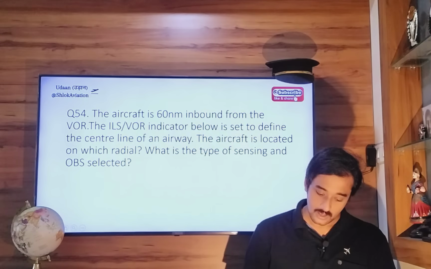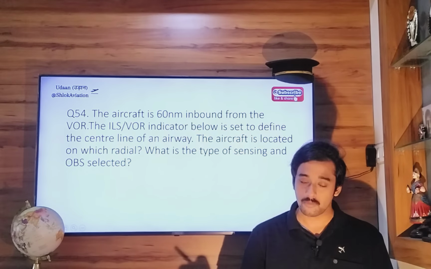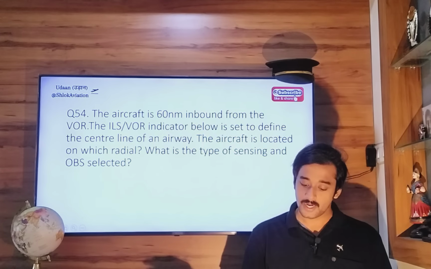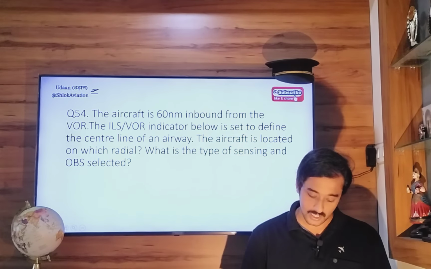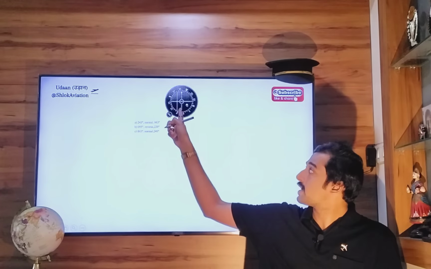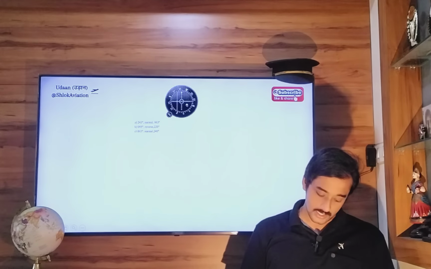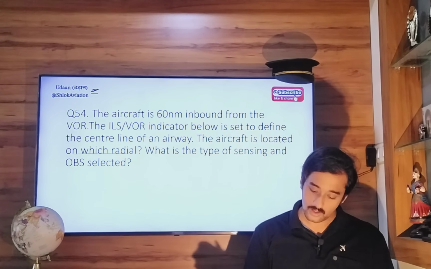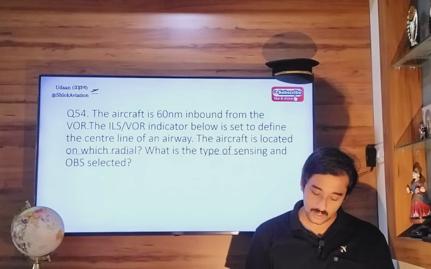54. Aircraft is 60 nautical miles inbound from the VOR. The ILS VOR indicator is set to define the center line of an airway. So here is an indicator, OBS. Next, the aircraft is located on which radial? What is the type of sensing in the OBS?